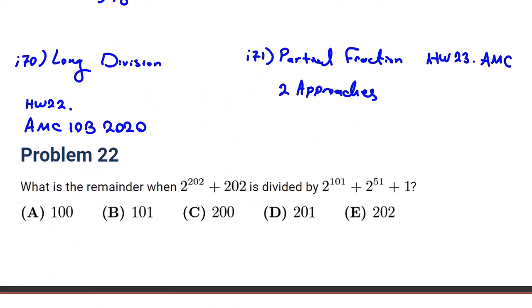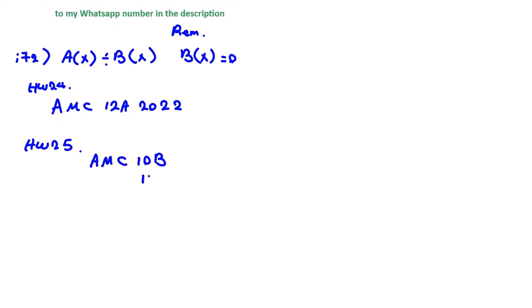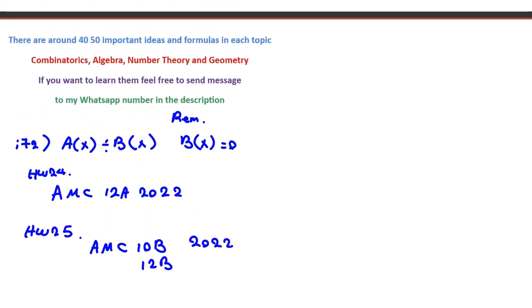Again, AMC, let me tell you, homework 23, homework 24. In AMC 12A 2022, we had one problem, homework 25, where you should use this approach. I released the solution of this, I think, in my previous videos. AMC 10A, 10B, and 12B. We had one problem in common in 2022 that you could solve with idea 72.